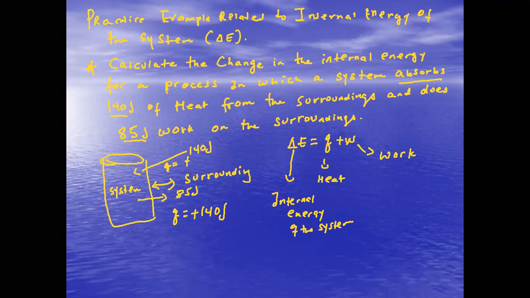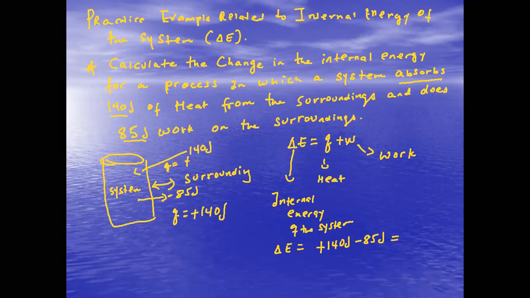So does the system gain or lose energy through work here? It loses, so it's going to be negative, minus. So the internal energy of the system would be plus 140 joules minus 85 joules.